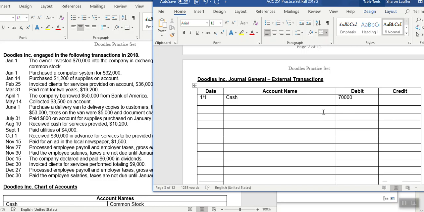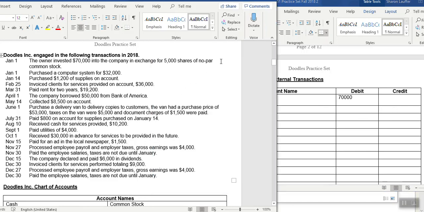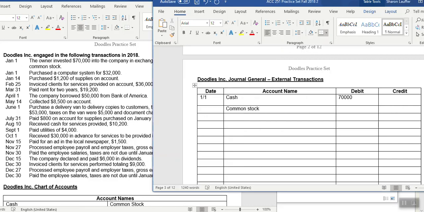The investor received common stock, oops, not capital, common stock, in exchange for that $70,000. Since there is no par value, we're going to record the common stock at the amount it was exchanged for. There can't be any additional paid in capital in excess of par because there's not a par. So common stock will be $70,000.